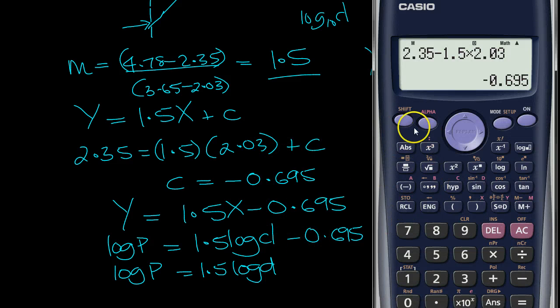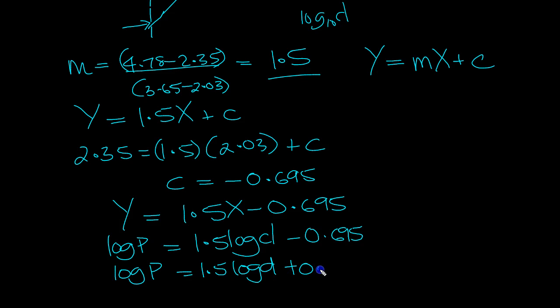So to undo a log, you shift log. Oh, base 10 we're doing. Shift log minus 0.695. That's undoing the log. 0.201. So we'll call it 0.2 then. And it's plus the log of 0.2.